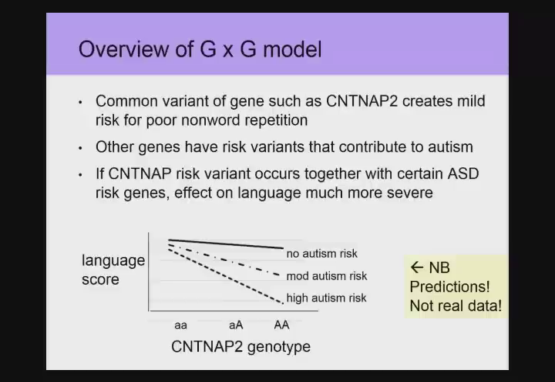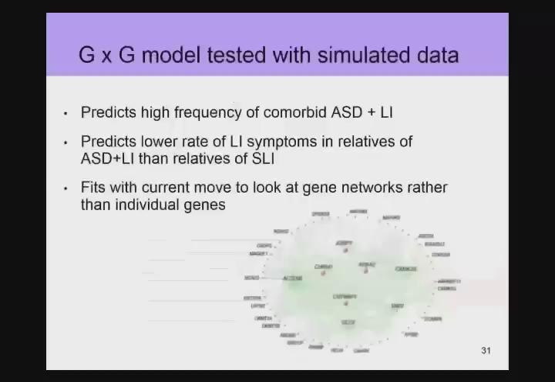But it's surprisingly hard to do any other sort of modelling that will come out with something that looks like the right result. So I was quite happy to find that this model did seem to predict the high frequency of comorbidity and the fact that relatives were less affected in cases of autism.